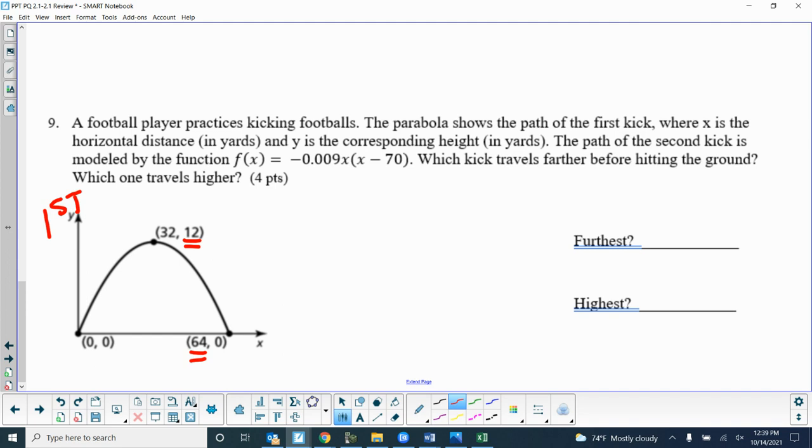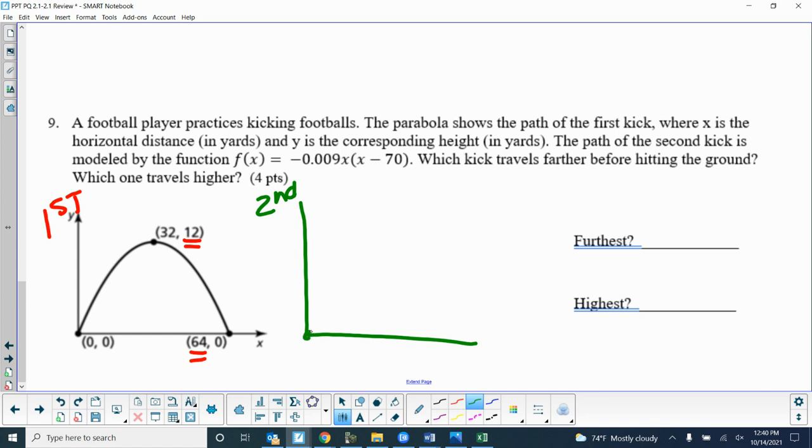All right. The second one, find the x-intercepts. Negative 0.009 times what is 0? Well, divided, I mean. But what do I multiply that number by? What do I got to put in for x to make it equal to 0? 0, right?